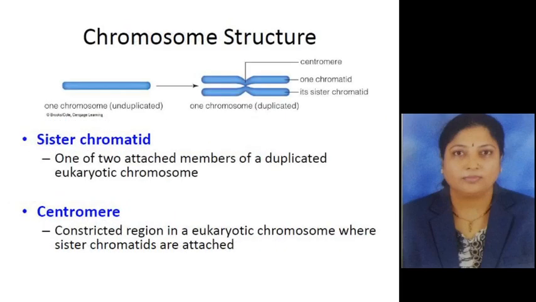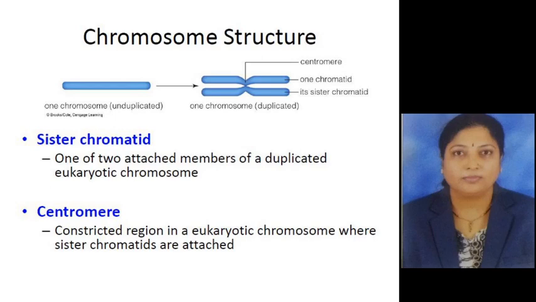Then the chromosome structure. These chromosomes are normally visible under a light microscope only when the cell is undergoing the metaphase of cell division. All chromosomes are aligned in the center of the cell in their condensed form. The original chromosome and the copy are now called sister chromatids.